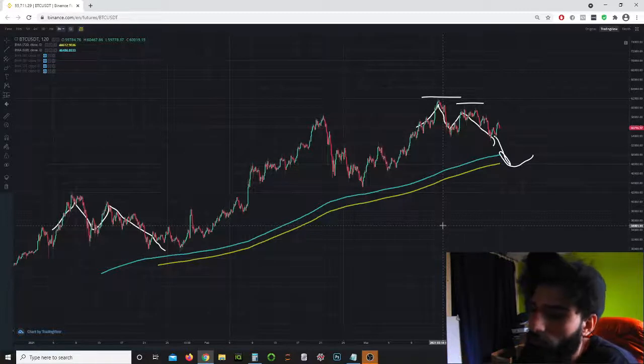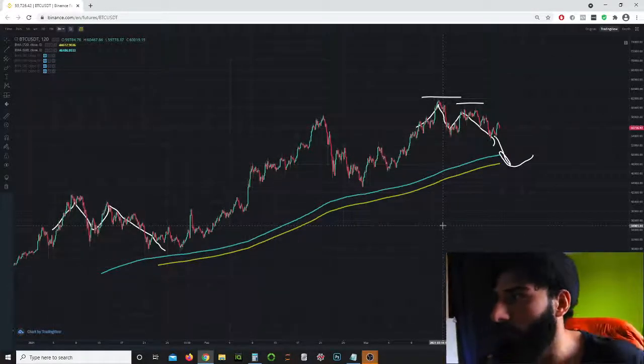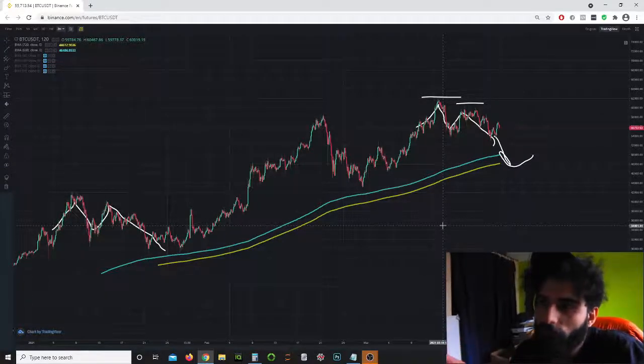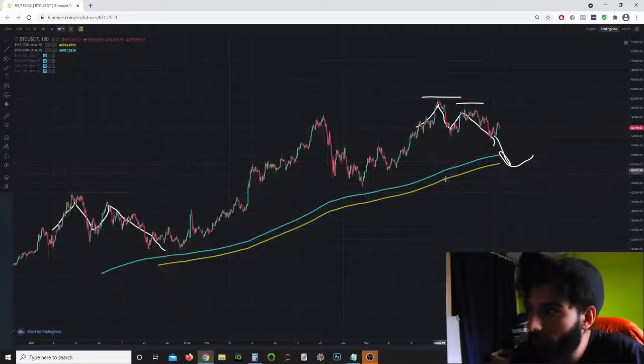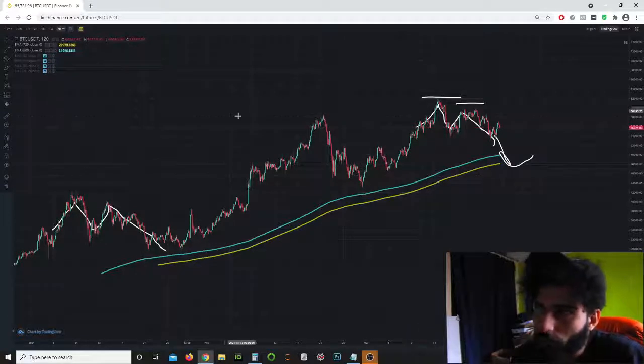That is the correct approach to multi-time frame analysis, right? Your indicators stay the same, but you're seeing each time frame on a smaller perspective, on a smaller picture, right? So you want to make sure all your lines and all your indicators remain in the same spot, in the same place, but you're just getting a smaller, more accurate view of what's actually going on.